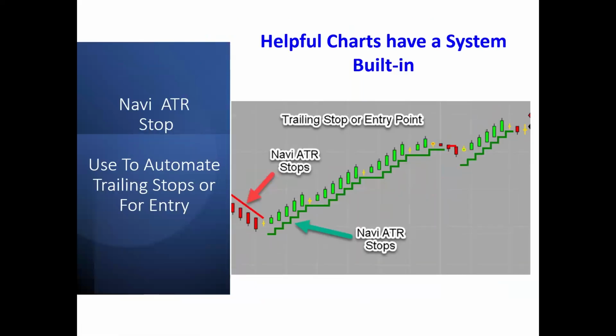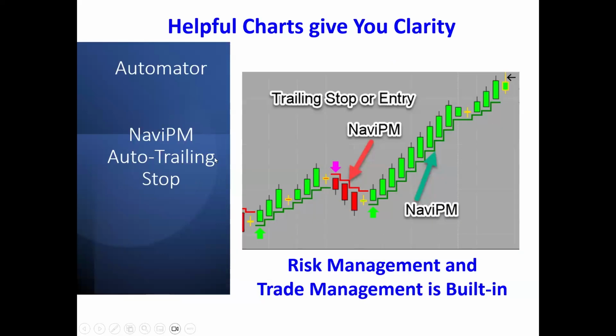All right, so we also have our Navi ATR stop. You can also use that as a trailing stop. Some of our members like the ATR stop. Other people use the Navi PM. Personally, I think they both work very similarly, and they will give you a systematic way to manage your trades.